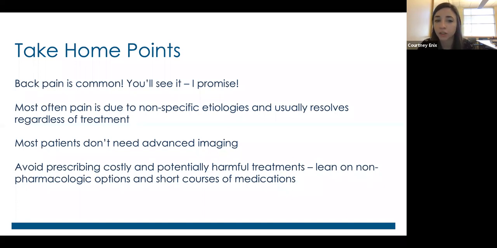The majority of patients do not need advanced imaging, but you should be thinking about those red flags and yellow flags for people that you might want to consider doing an earlier workup rather than watchful waiting for several weeks. Generally, you should avoid prescribing costly and potentially harmful treatments, both with medications and with more intensive and invasive treatments, and really lean on your non-pharmacologic options and short courses of medications for patients.